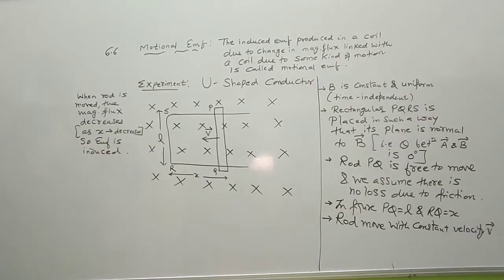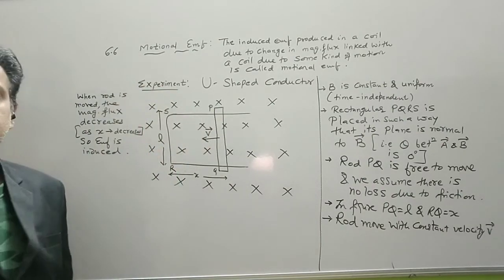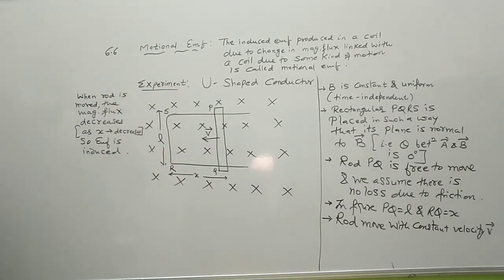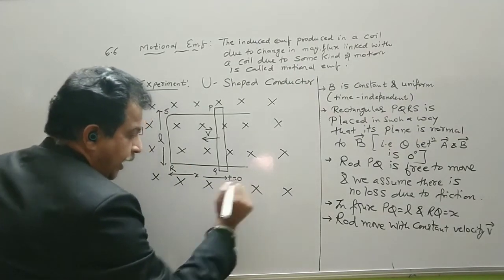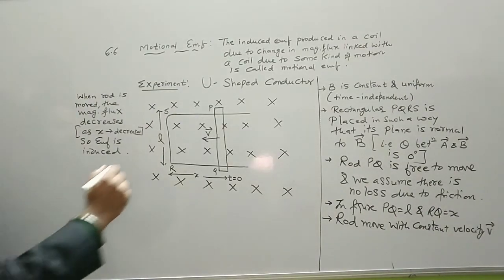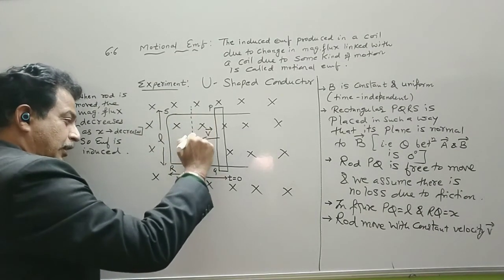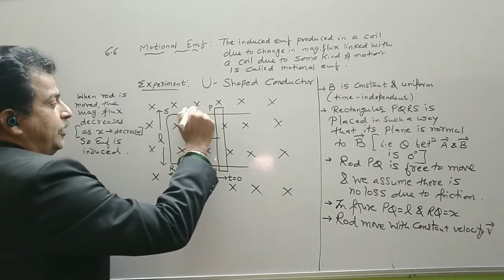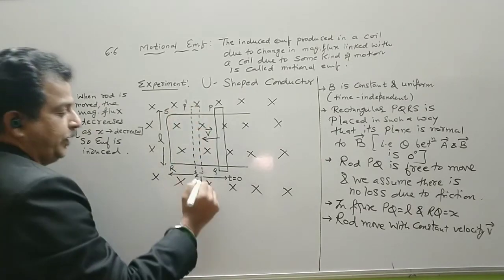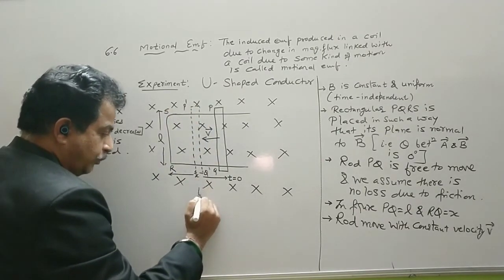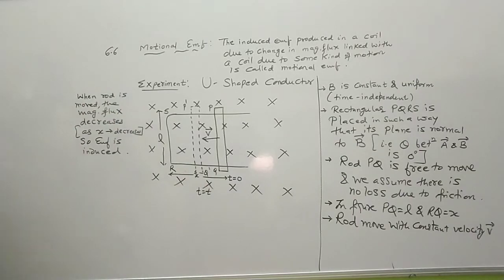So EMF is induced. Now, if EMF is induced, the current is induced and the current will start flowing in this rectangular loop. X is changing. So this is the condition at t equal to 0. Now let us consider a situation at any time, the rod comes to this position P dash Q dash. This is the position at t equal to t.